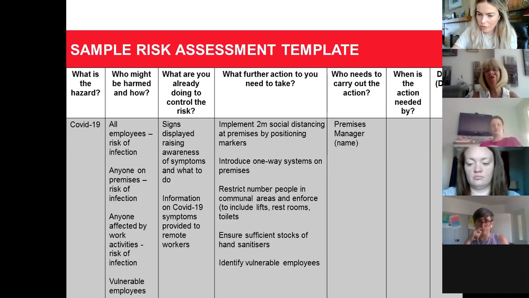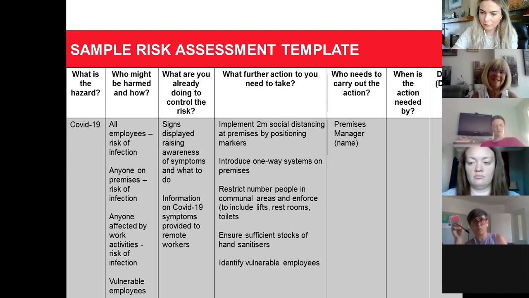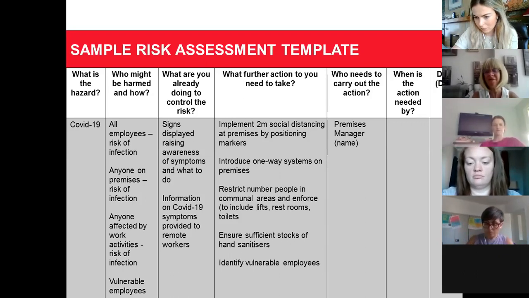It's useful to actually name people in a risk assessment rather than job title, because then it is very, very specific to that person that they have responsibility for carrying out that action. But for the purpose of this generic template, I've just put premises manager.